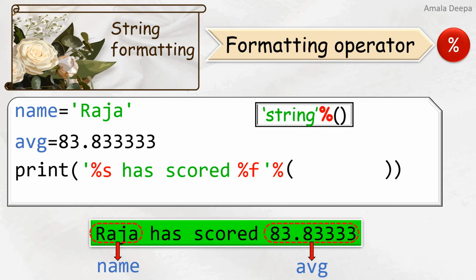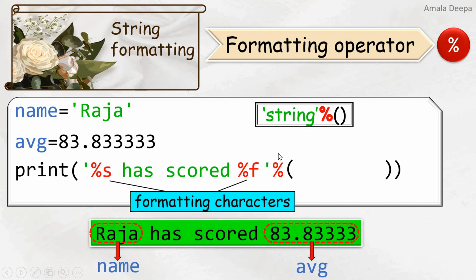In the previous example, I used %d because that 12 was a decimal integer. Here the value which I want to print is a float value, so I have to use the formatting character %f. So within this string, %s has scored %f. %s and %f are the formatting characters.